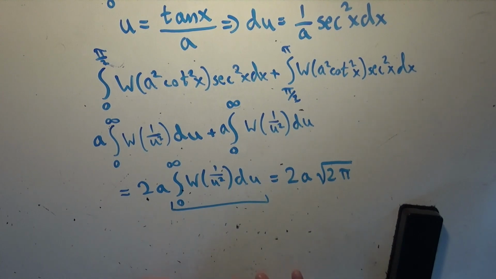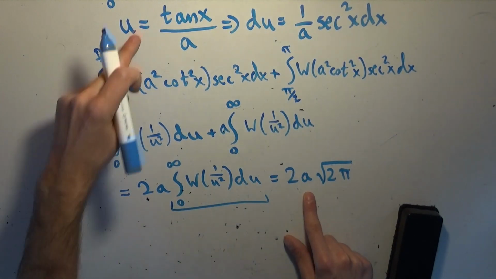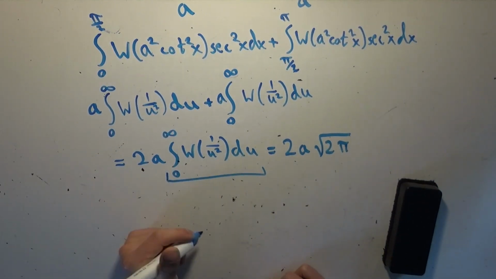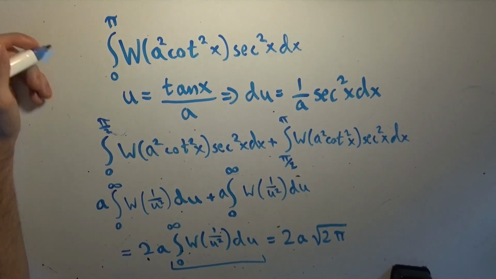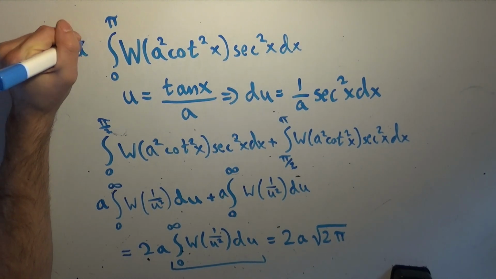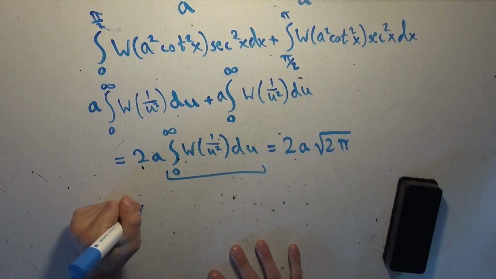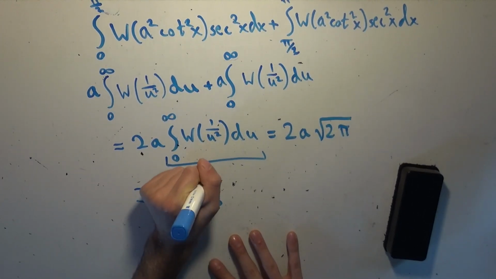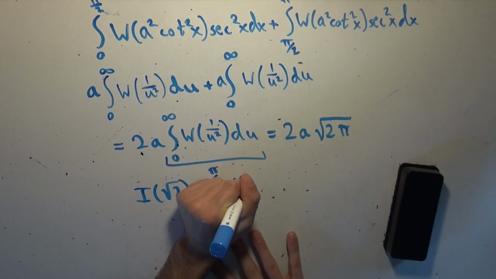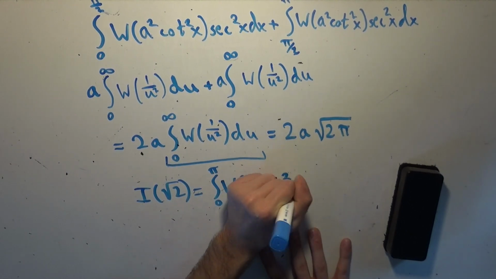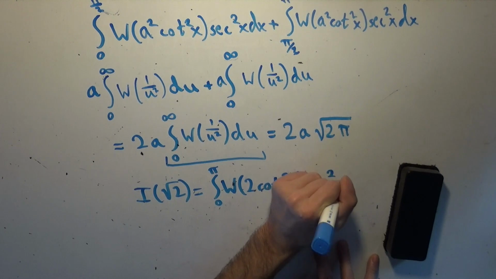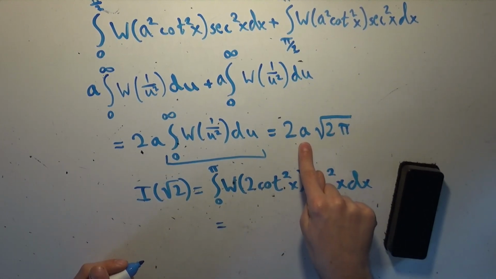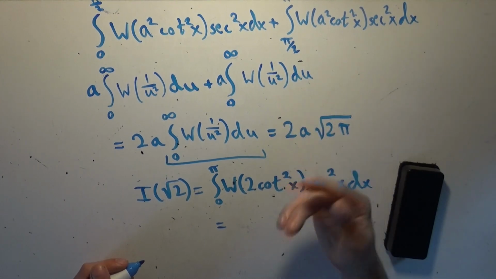So on the Wikipedia page, the value of a was picked to be the square root of 2. So in that particular instance, if we call this I of a, then on the Wikipedia page they specifically did I of square root of 2, which was the integral from 0 to pi of w of 2 times the cotangent squared of x times the secant squared of x, which comes out to exactly 2 times the square root of 2 times the square root of 2, which is 4 times pi.